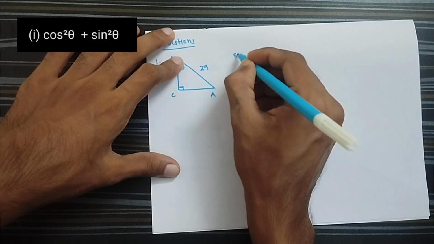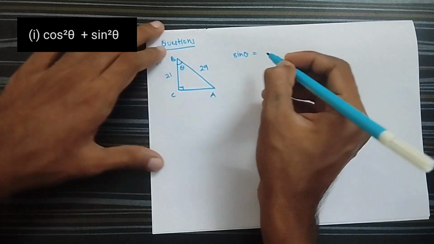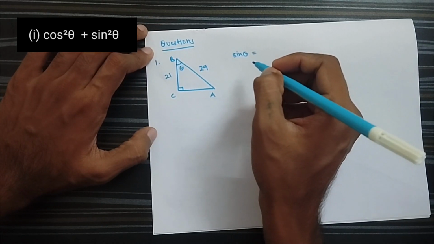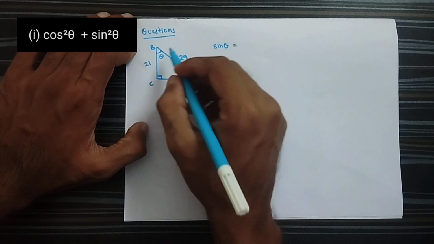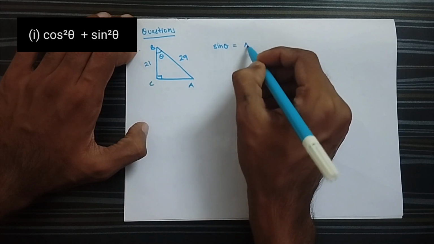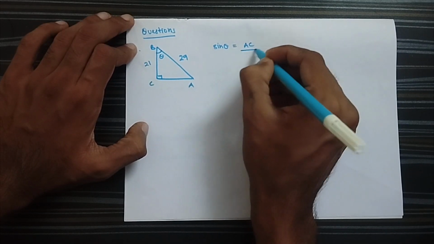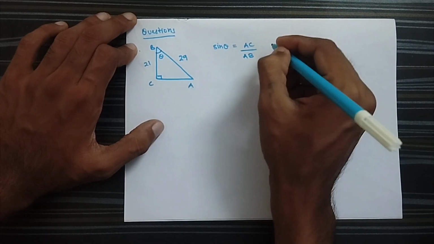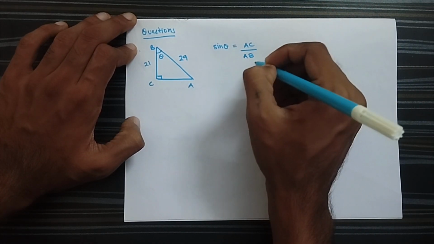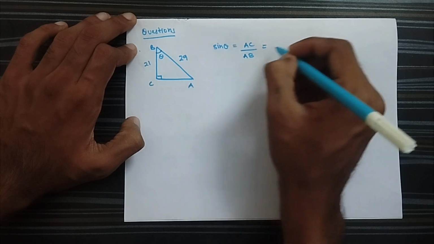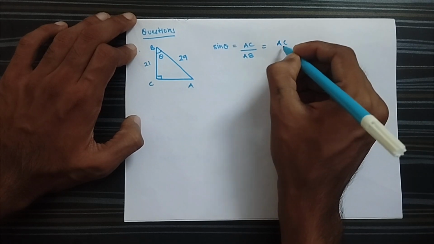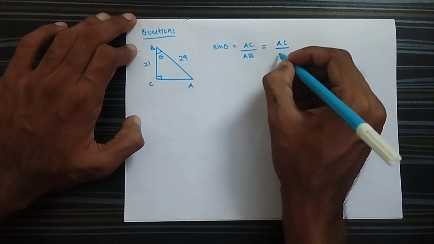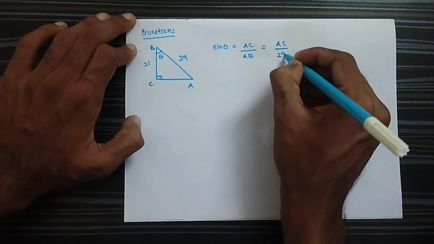So let's write sin theta first. Sin theta would mean opposite by hypotenuse. So opposite in this case for theta is AC, divided by hypotenuse AB. We know the value of AB, so I'm just going to write AC by 29.